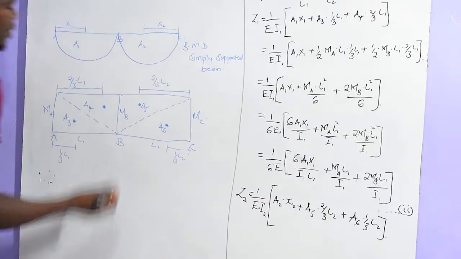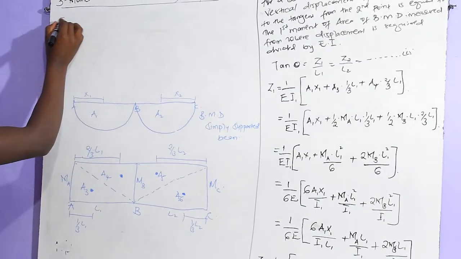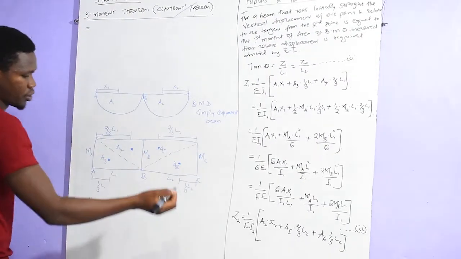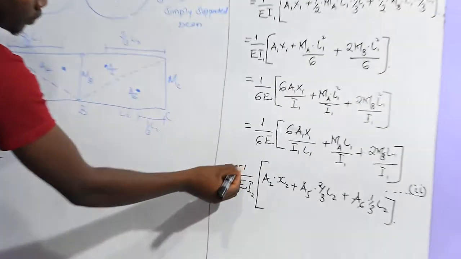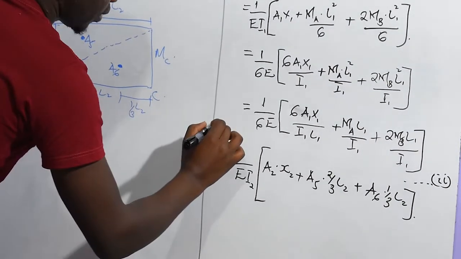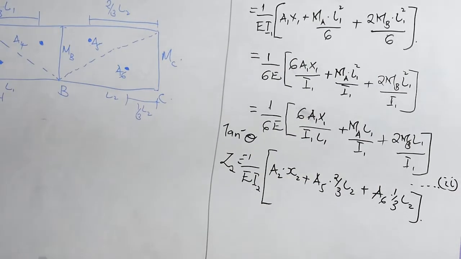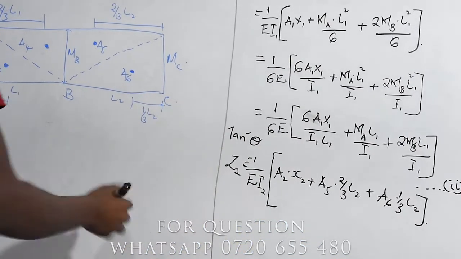So this one will give us, and this one should be negative because this one should be tan inverse. Therefore, it should be negative.